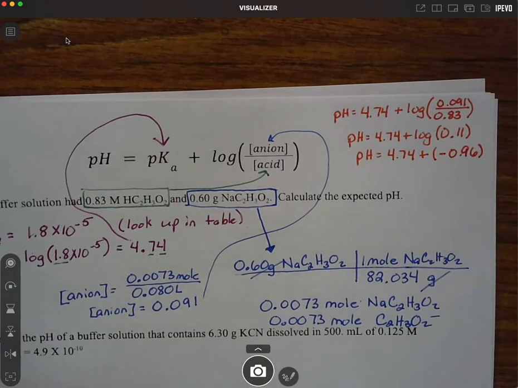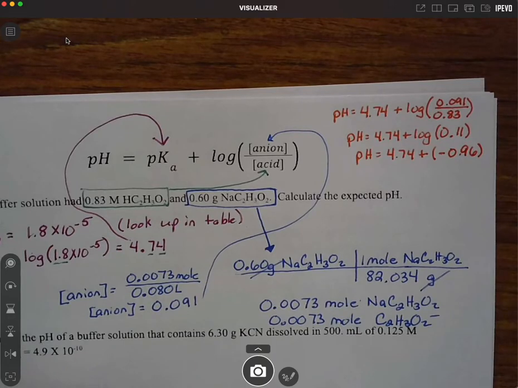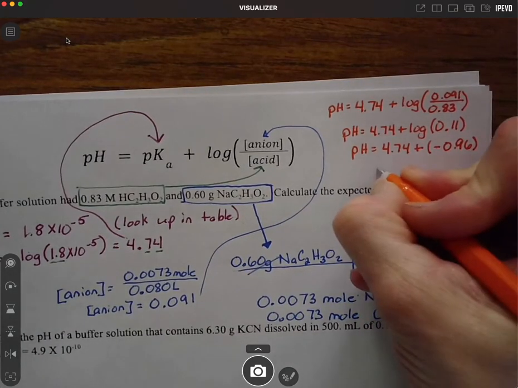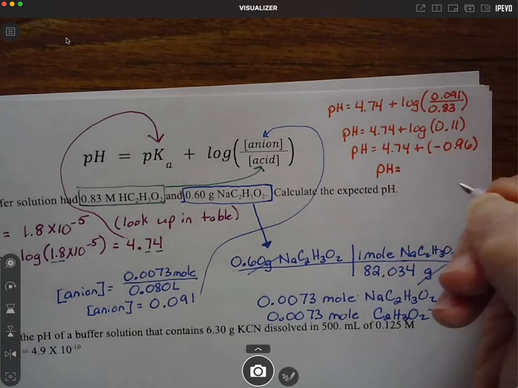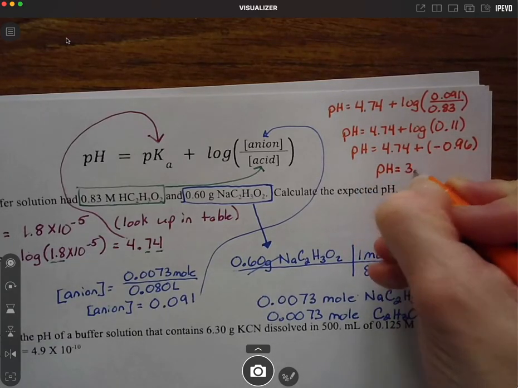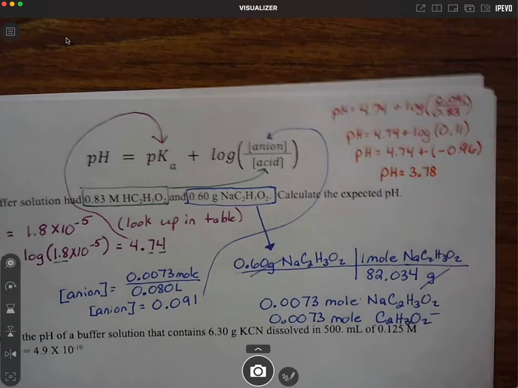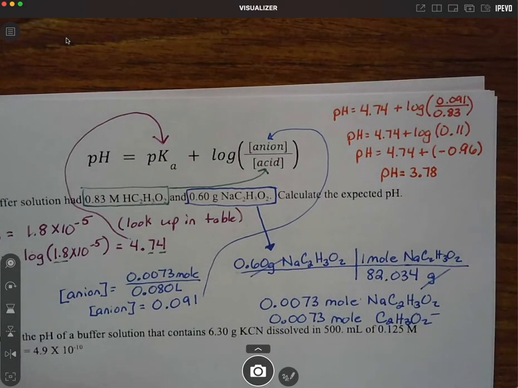So 4.74 minus 0.96. So the pH of the buffer solution we made was 3.78. And there we go.